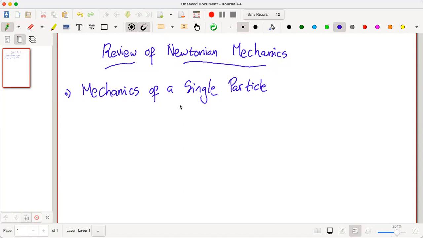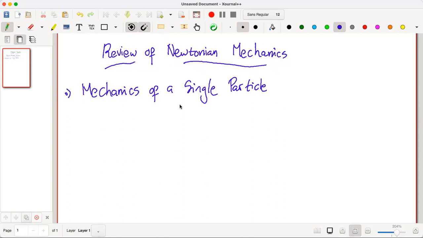The fundamental problem of mechanics, I mean all problems in mechanics, is always that we are given a state of a particle. What I mean by state is that we know the mass of the particle, we know the velocity of the particle, and by the velocity we know the momentum of the particle.